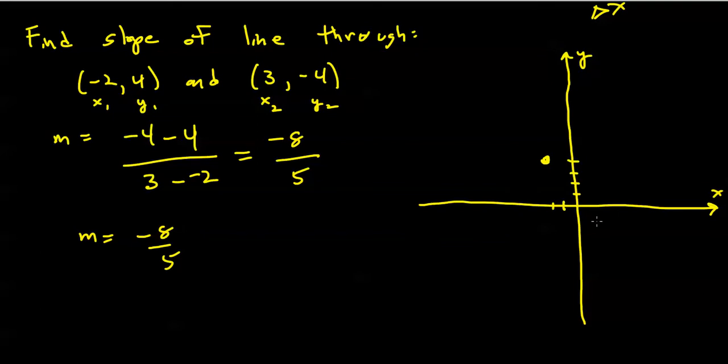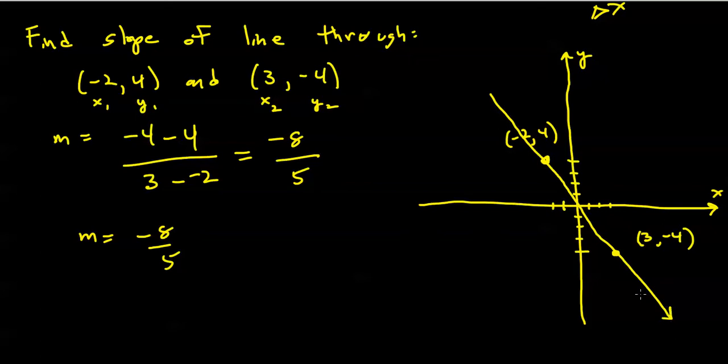And if x is 3, y is -4. Puts me down here. Let me label these coordinates, (-2, 4) and (3, -4). If I connect the 2 points with a line, I can show the line that goes through those points.